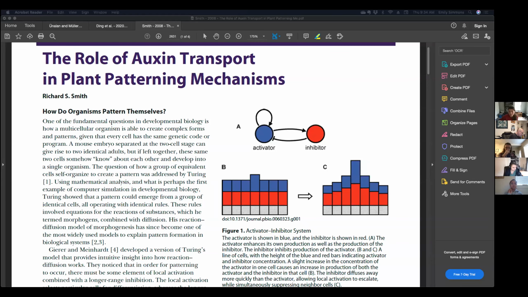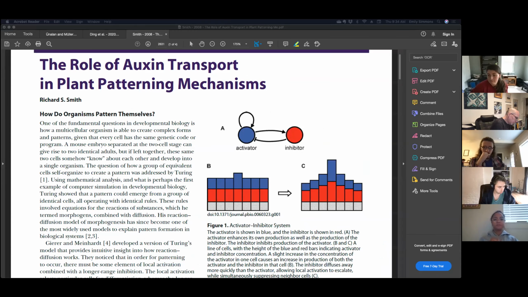Could you explain what the difference between a short range and a long range is? So long range in this case just means that the inhibitor diffuses faster or diffuses further.